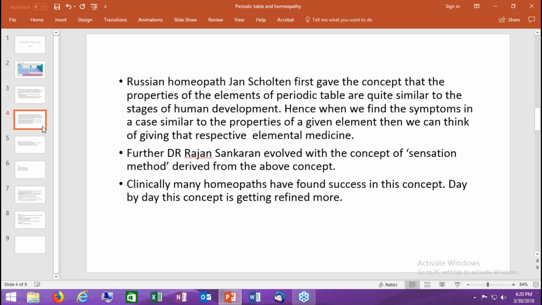The Russian homeopath John Scholten is the first person to give this concept that the elements of the periodic table bear a similar relationship to the stages of human development and hence the symptoms of a disease or patient. In layman's language, when we find the symptoms of a case which are similar to the properties of a given element, we can think of giving that.